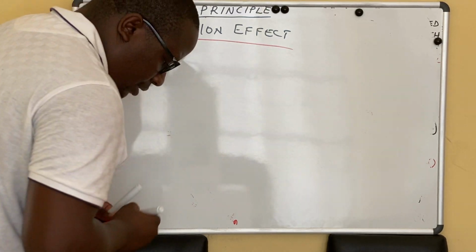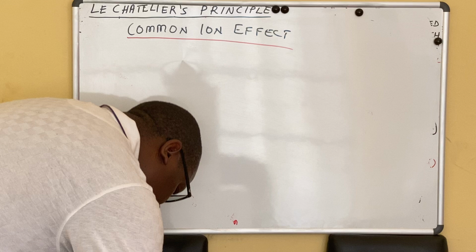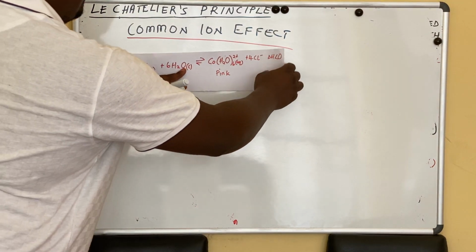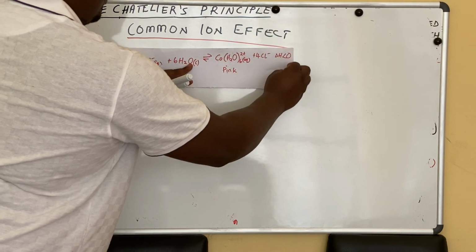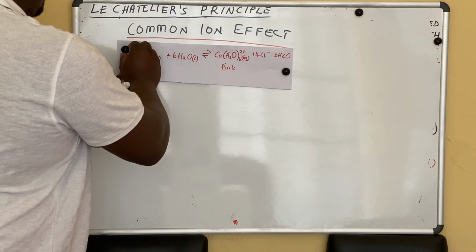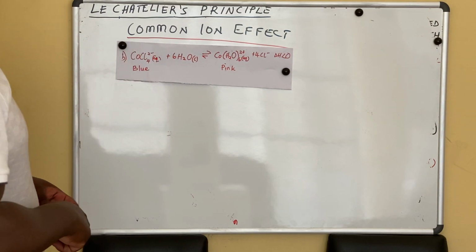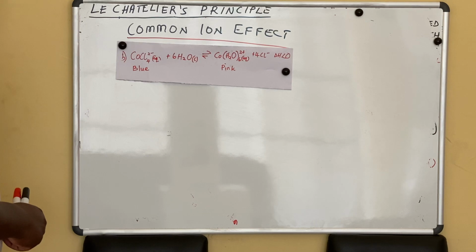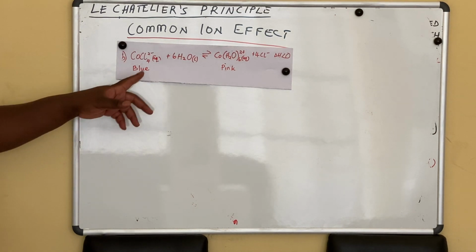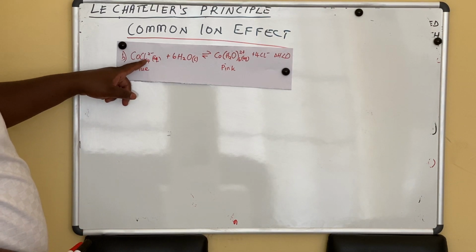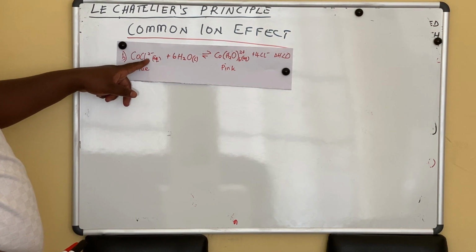So I'm going to put something up here. I hope it is visible from here. Right. So we have something like this. When we look at this, we have this ion, cobaltous chloride, CoCl4 2-.